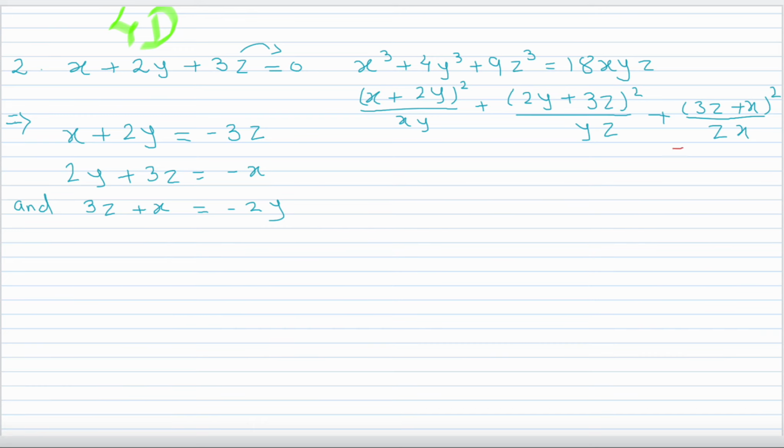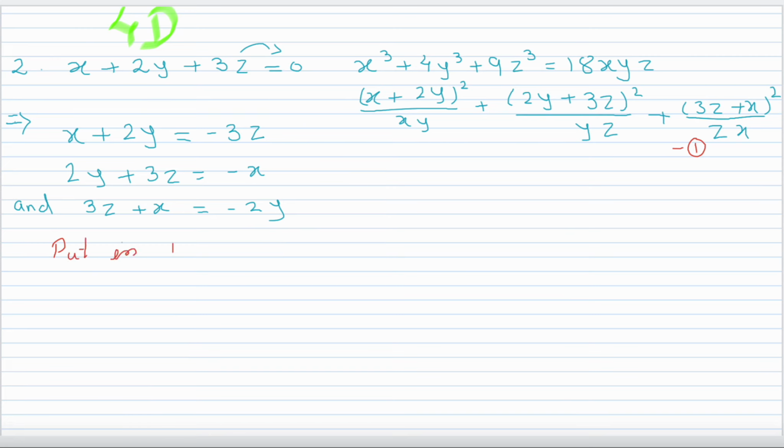Now you have to put the value of these. See, we are having here x plus 2y, here we have 2y plus 3z. So what we have done, we have found out the value of these brackets. So you have to put this x plus 2y here. We are having x plus 2y already here, so you have to put the value of minus 3z here. So put this value in equation 1.